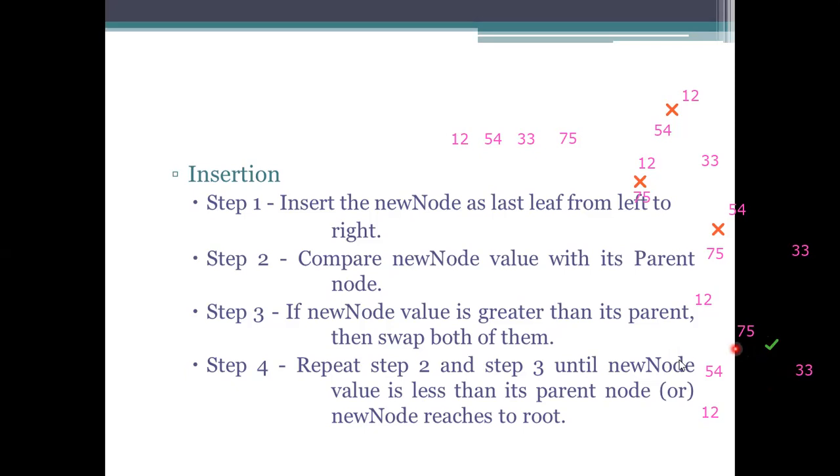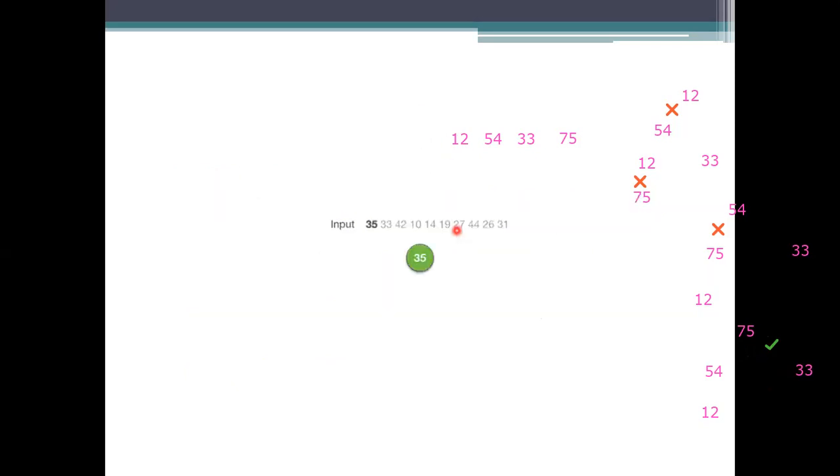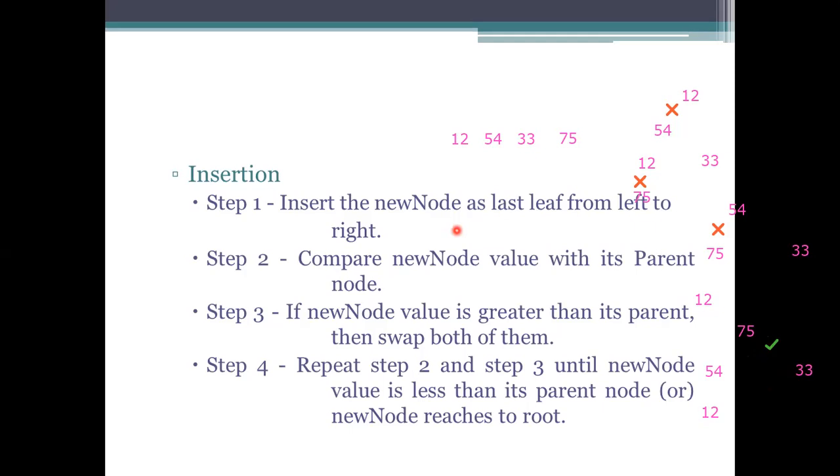So here, up to step 4. And if we are inserting another element also, we need to check whether it is correct or not. So consider the next one here is 19.